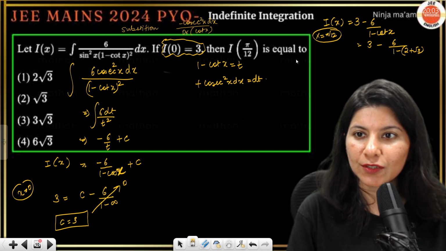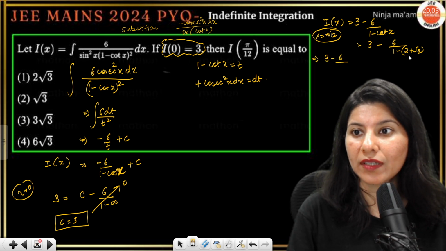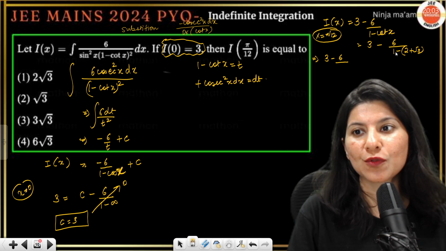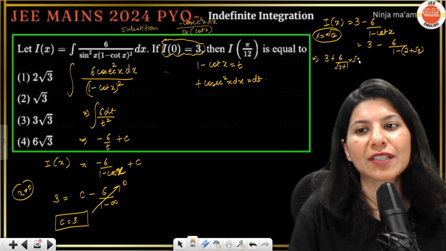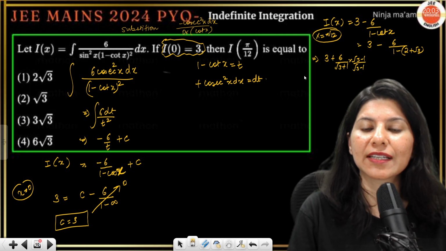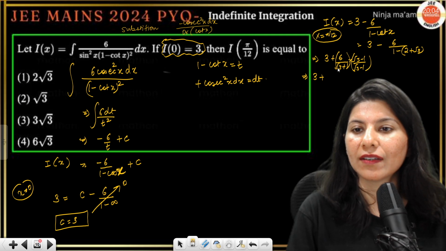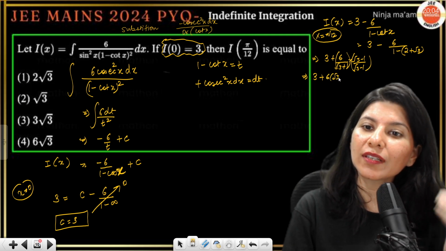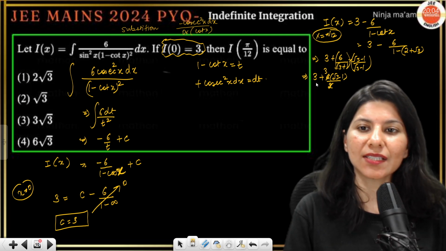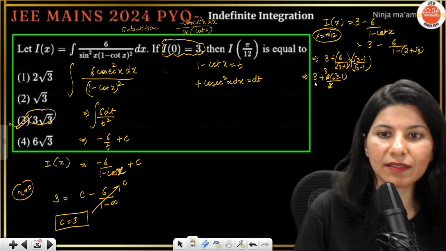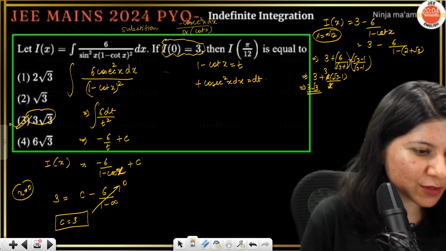All right, so this will become 3 minus 6 upon 1 minus 2 minus root 3, so minus 6 upon minus 1 minus root 3, so plus 6 upon root 3 plus 1. If you rationalize, what will you get? 3 plus 6 times root 3 minus 1 by 2, so this is 3 root 3 minus 3 plus 3, which is 3 root 3. Perfect. Yes, this question is also done.